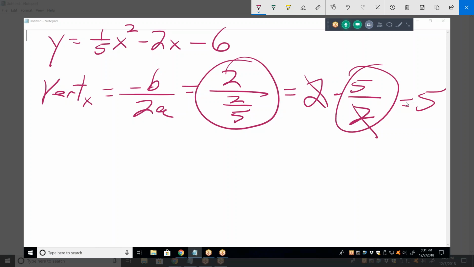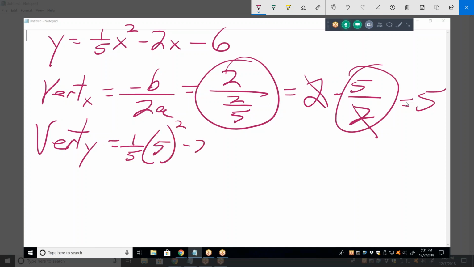Let's find the y-coordinate of the vertex. We're going to need that. How do I find it? We have to set x equal to 5. 1/5 times 5 squared minus 2 times 5 minus 6.